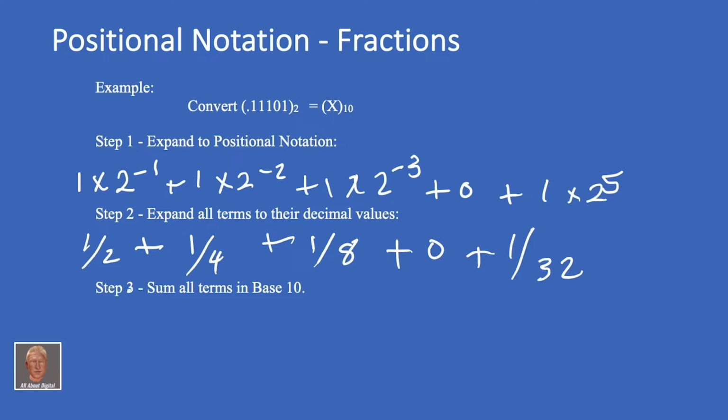Okay, so how do we do that? Well, we can convert them to their decimal equivalents. 1/2 is 0.5, plus 1/4 is 0.25, plus 1/8 is 0.125, plus 0, plus 1/32 is equal to 0.03125.